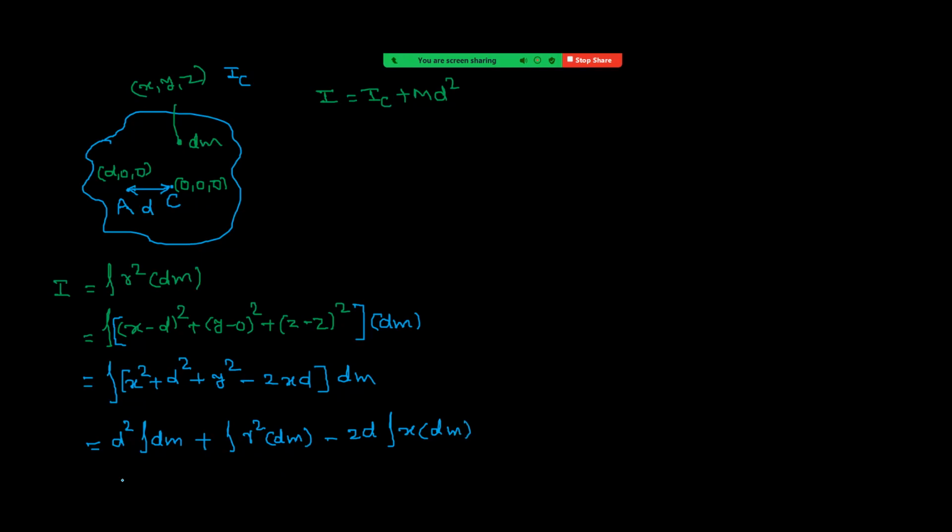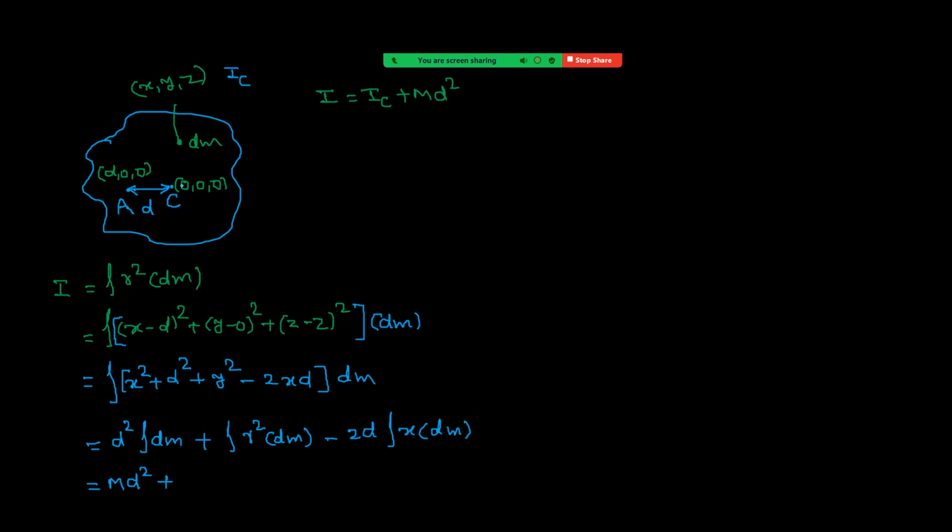Okay, right. Now see the calculation: d square is a constant, integration of dm gives total mass. So it is m d square, right? Plus integration of r square dm. And this becomes now moment of inertia about center of mass, because this is 0, 0.